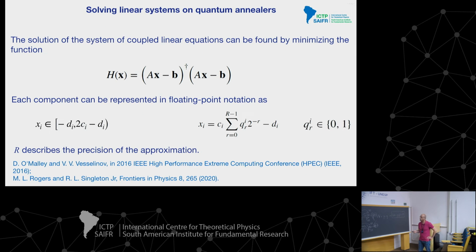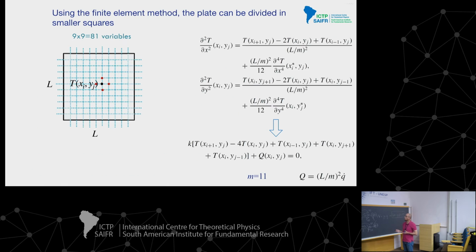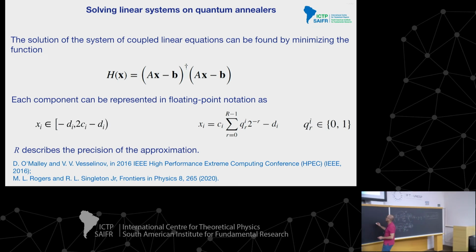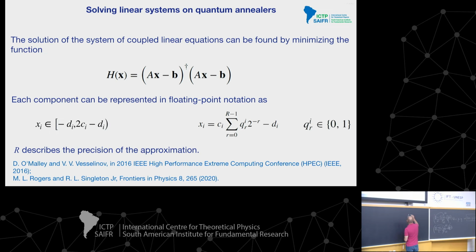And how to implement the solution of this linear system? This is a linear system of coupled equations. To implement that, you use the same strategy. A linear system of equations is something like that, right?